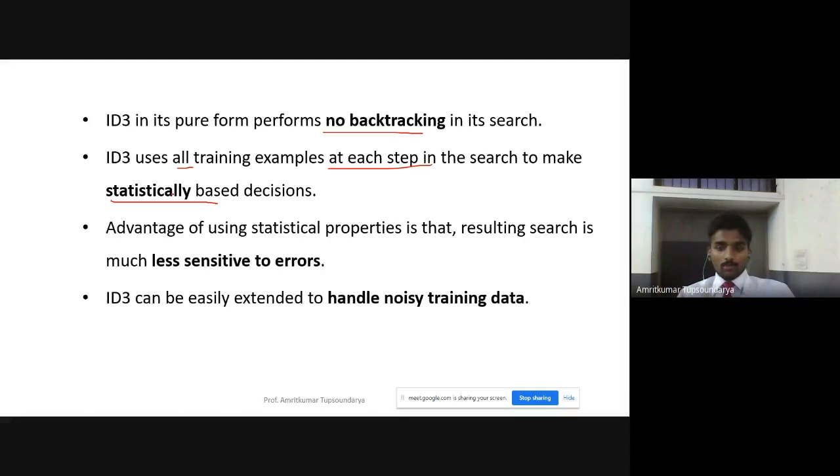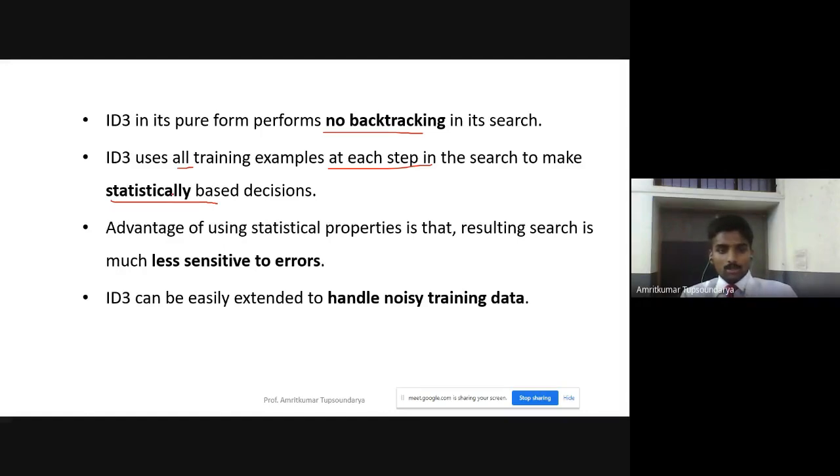If you can recall, in a previous lecture we already discussed how the ID3 algorithm is different from the candidate elimination algorithm and the Find-S algorithm. In the case of the Find-S algorithm and the candidate elimination algorithm, we cannot compromise with erroneous data or missing data. We cannot use them if we have errors in our training set, or if we have missing data in our training data set.